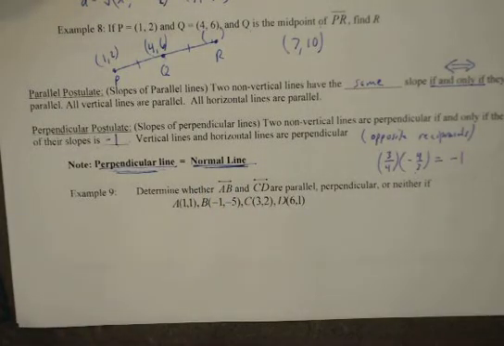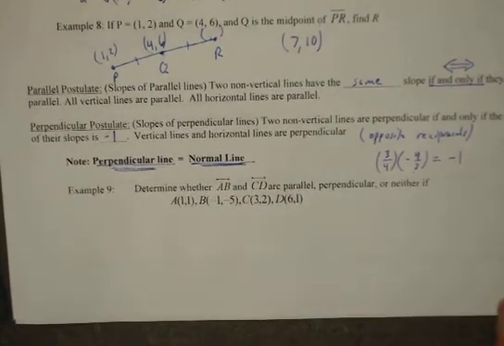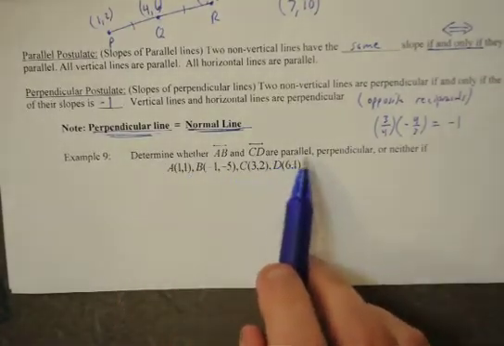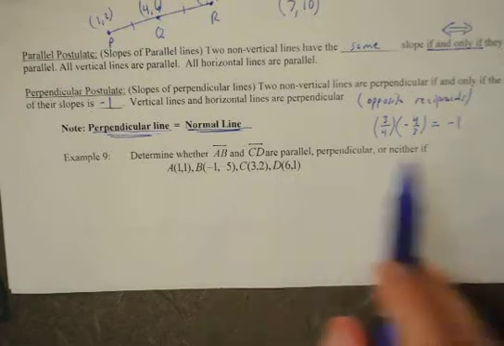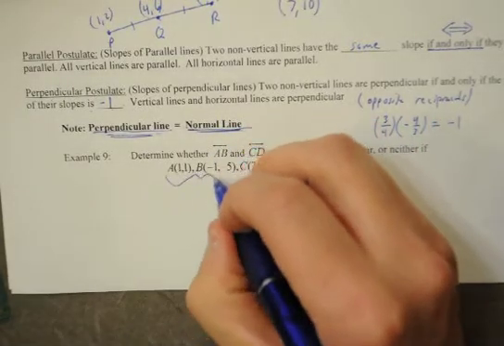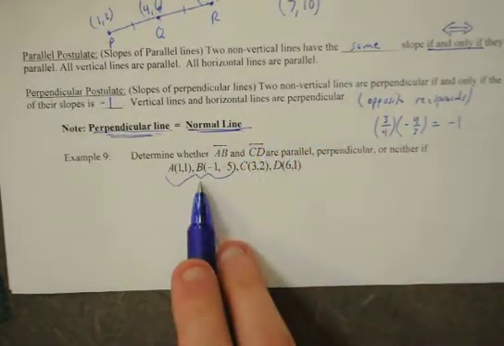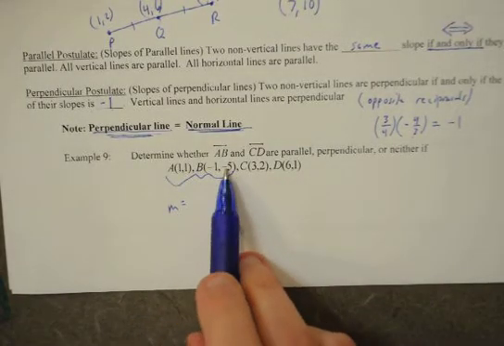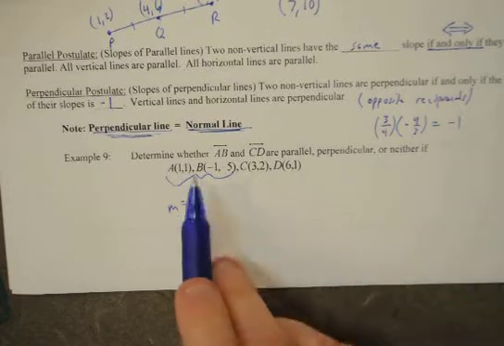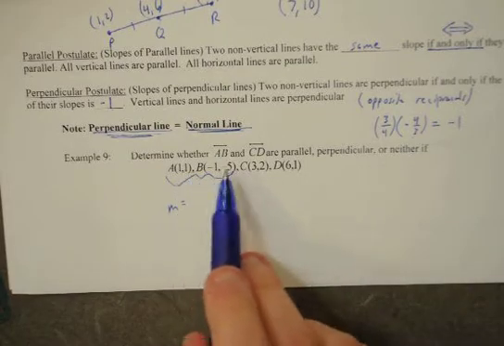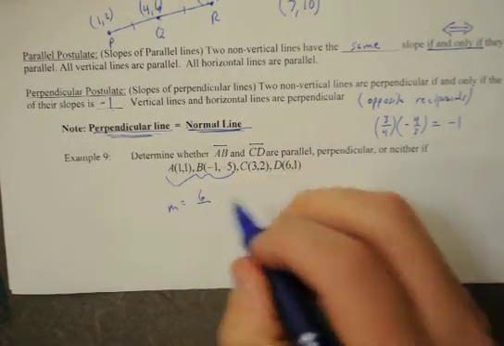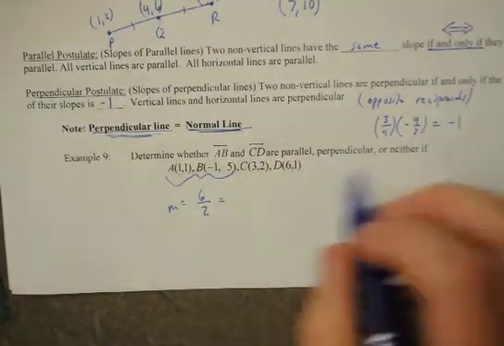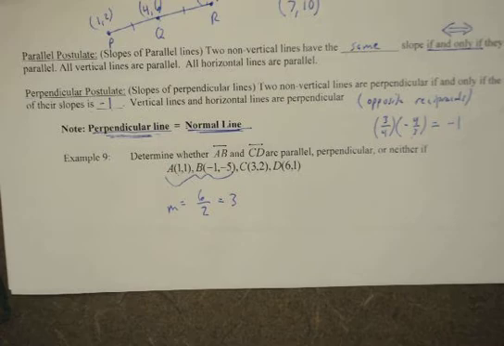Same idea. So example 9 already. Wow. Determine whether these lines are parallel, perpendicular, or neither. So let's find the slope here. The slope of this is 1 minus -5. I'm doing rise over run. So y minus y. 1 minus -5 is 6. 1 minus -1 is 2, which makes that slope 3.